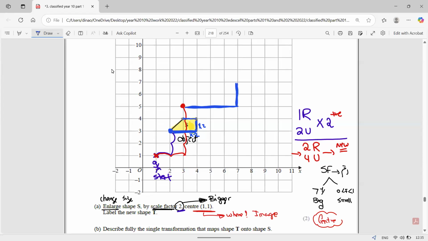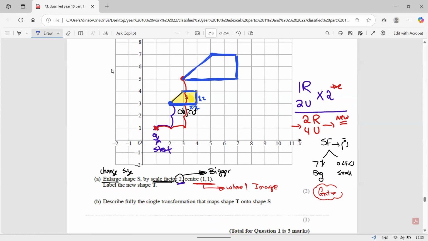Then one box to the left times 2 is 2 boxes to the left, and then you just join and you get your diagram.